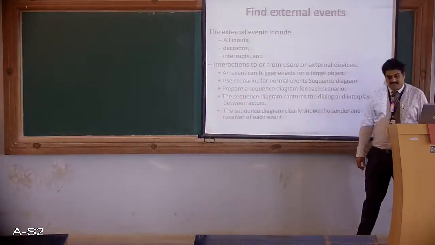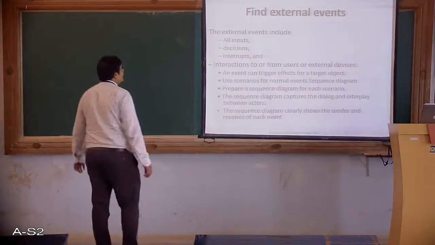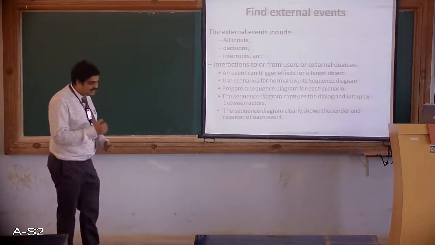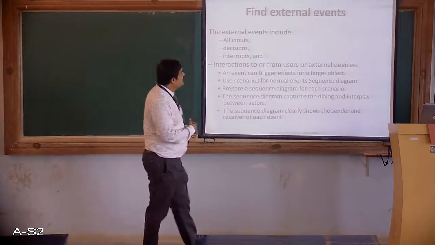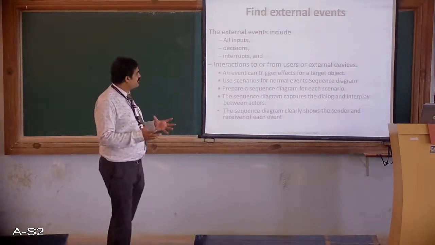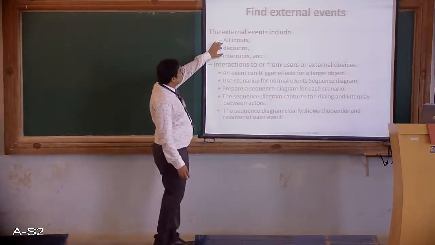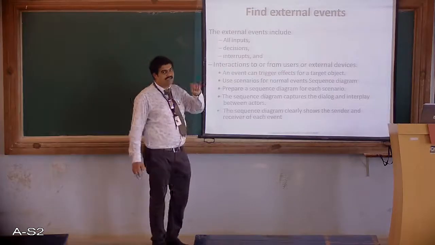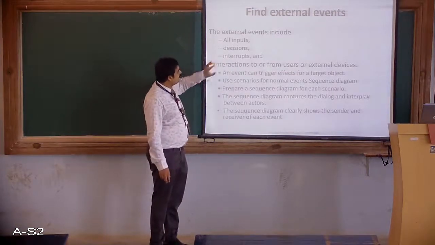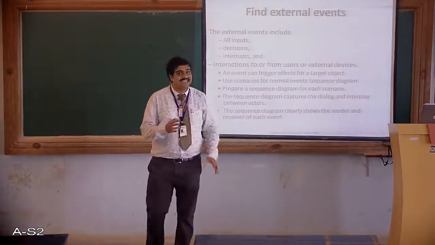Now the next step is finding external events. What basically are external events? There are many aspects with respect to a particular ATM system. The external events include all types of inputs, maybe decisions, interrupts, and interactions with external devices.